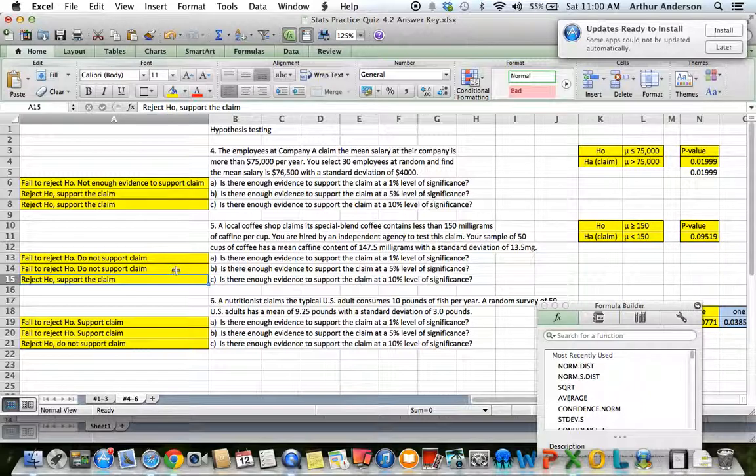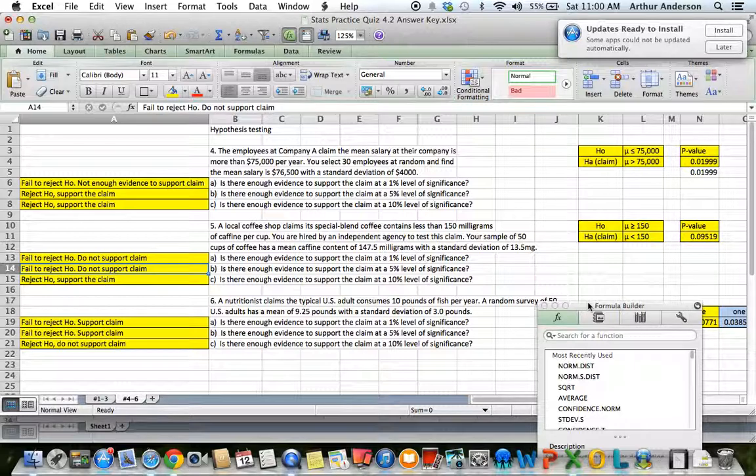When the level of significance changes to 5% or 1%, we fail to reject the null hypothesis, and therefore we do not have enough evidence to support the claim. And it's the same for both 1% and 5% because the p-value was 9.5% approximately.